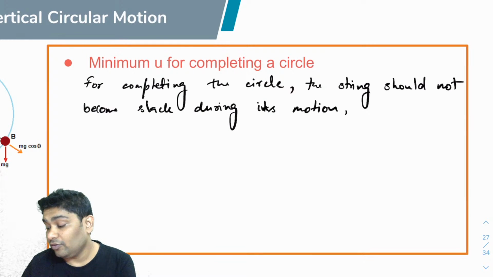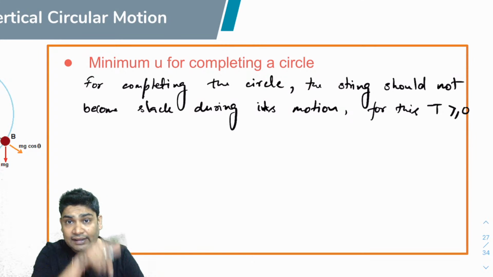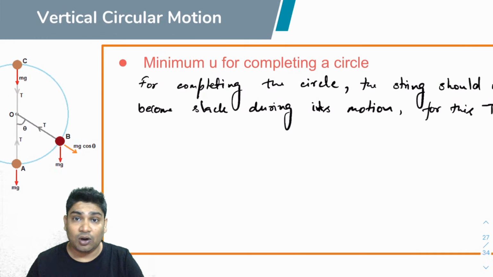For this, T should always be greater than or equal to 0. If the tension remains greater than or equal to 0, then my string does not become slack and it can move around in a circle always.